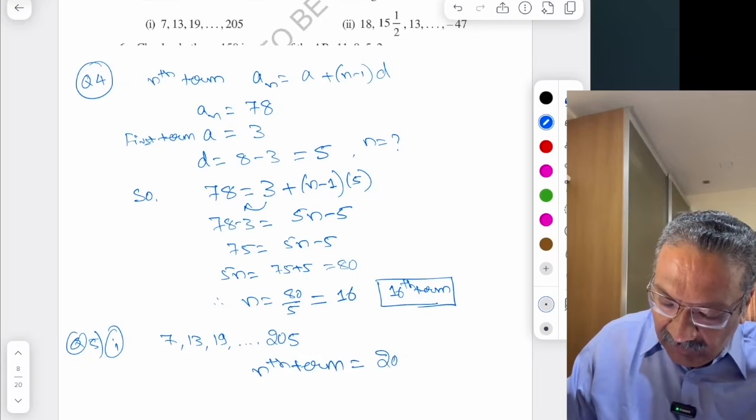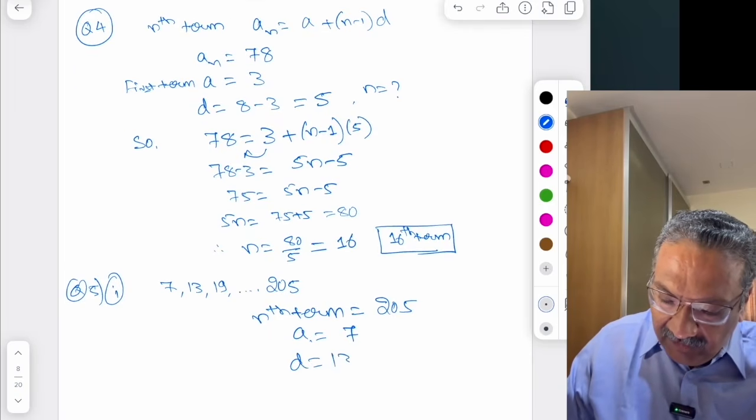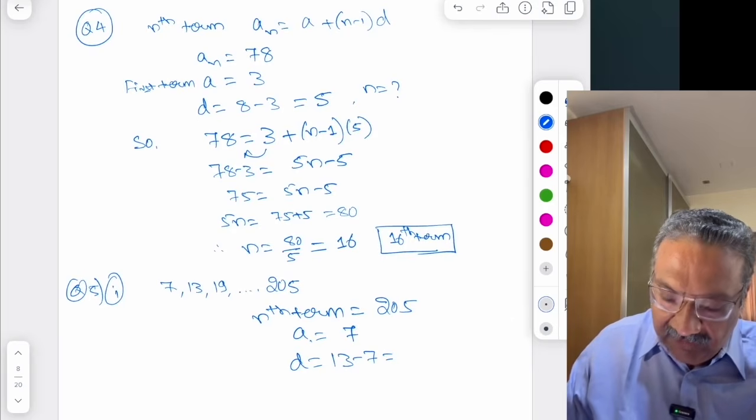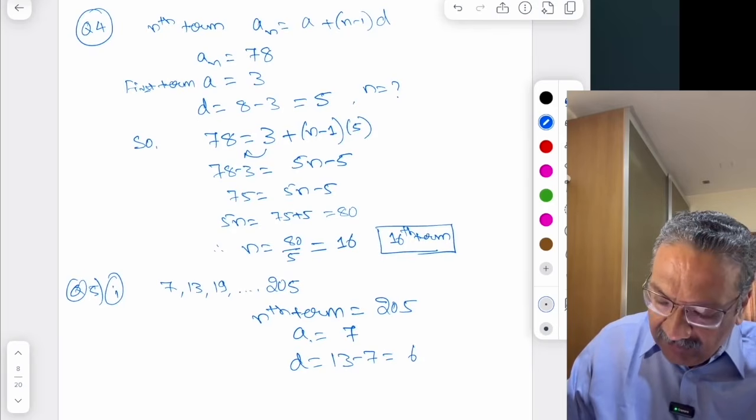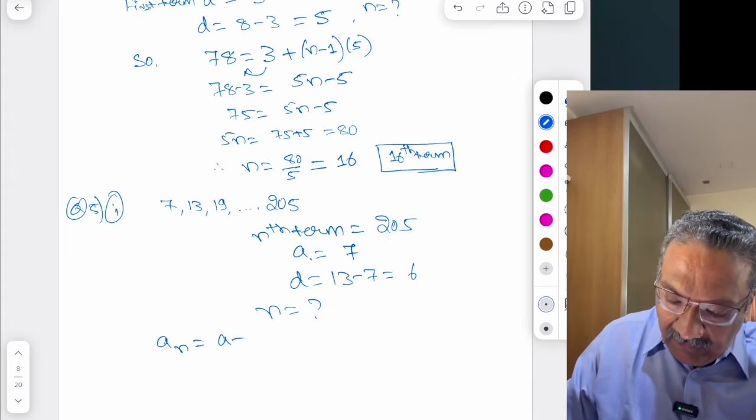Here the nth term is 205. What is the first term? First term A1 is equal to 7. And what is the common difference? D is equal to 13 minus 7 is equal to 6. So what they are asking, n is how many terms are there. So we know an is equal to a plus n minus 1 d.